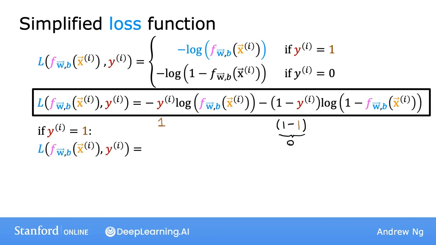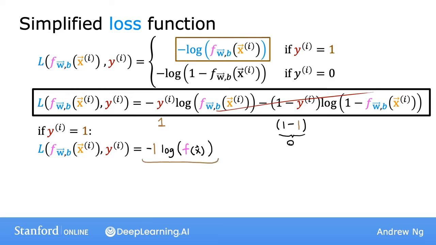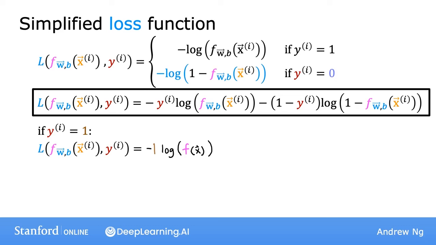And so the loss becomes negative 1 times log of f of x minus 0 times a bunch of stuff that becomes 0 and goes away. And so when y is equal to 1, the loss is indeed the first term on top, negative log of f of x.